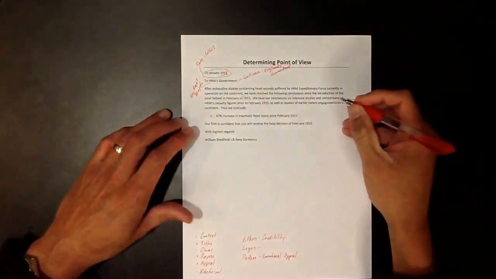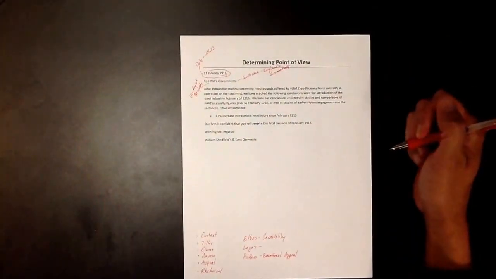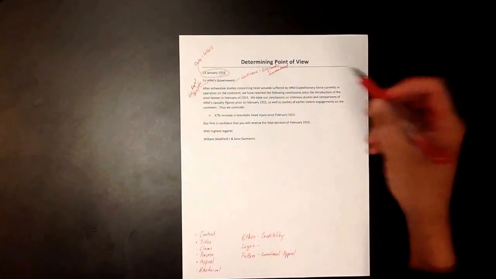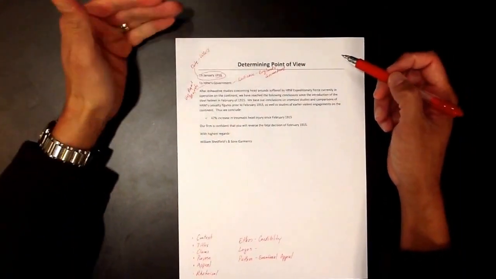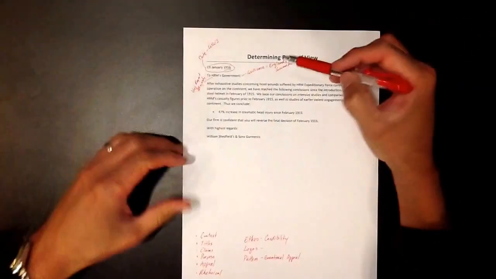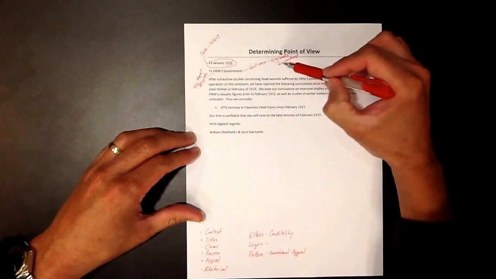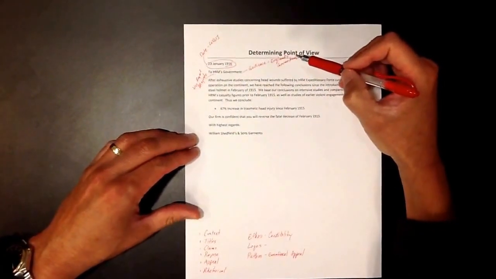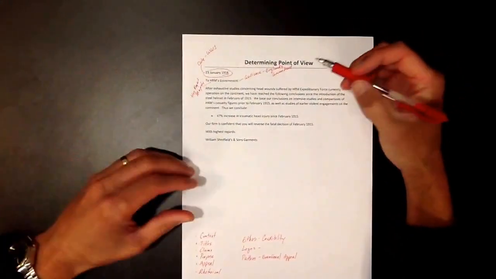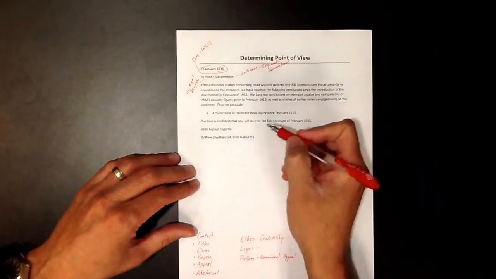Okay, and that's what England referred to their government as. And so I know somebody during World War I, England was part of World War I, was speaking to the government, and I know that.